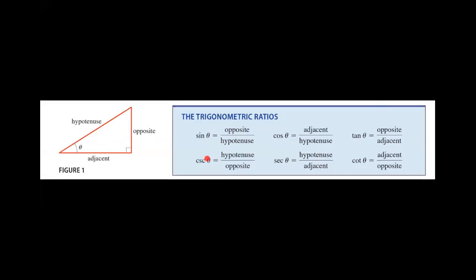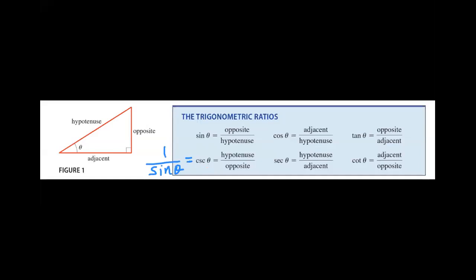And again, the cosecant of theta is the same as 1 over sine theta, the reciprocal of sine theta.